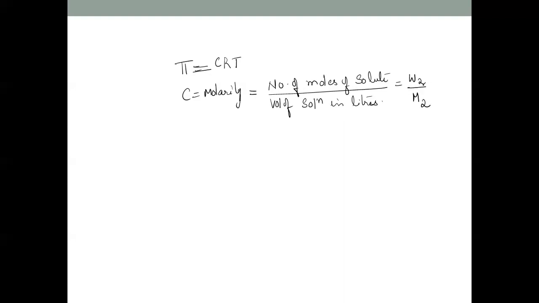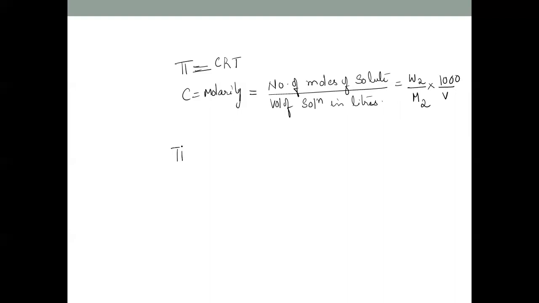So W2 is the weight of solute dissolved in the solvent, with molar mass M2. The number of moles is equal to W2 by M2, divided by the volume of the solution in liters. So if we take it in ml, this is the formula, right?